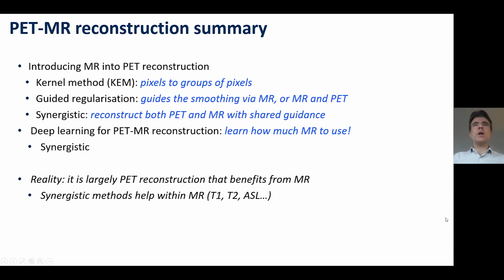Okay, so in summary, I think I've got us back on time now, which is good. We've got a whole suite of methods from very early days to the current day now, a whole suite of methods for exploiting MR information in PET reconstruction.